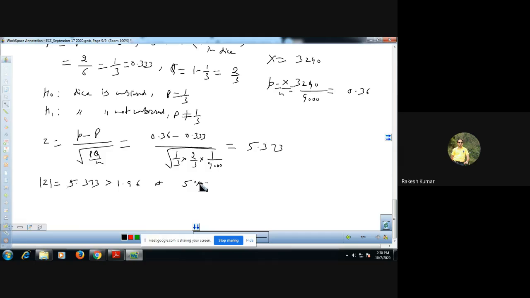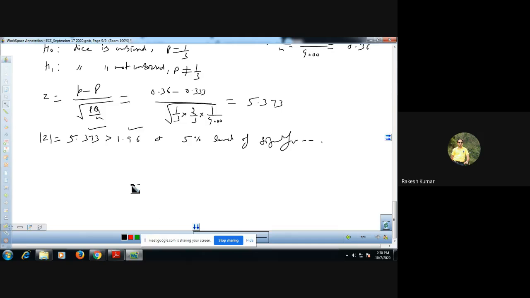Now, the calculated value is bigger than the table value, and as we have discussed in the previous question, in that case the null hypothesis is rejected. So the conclusion is that the null hypothesis is rejected.